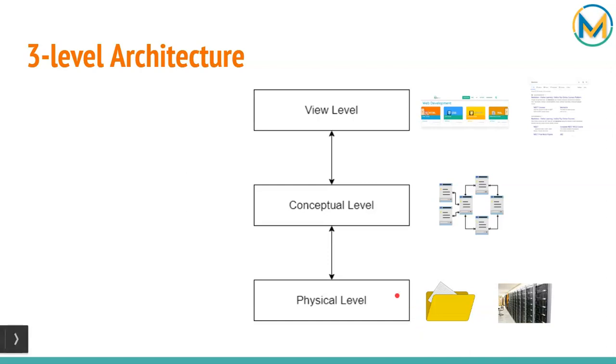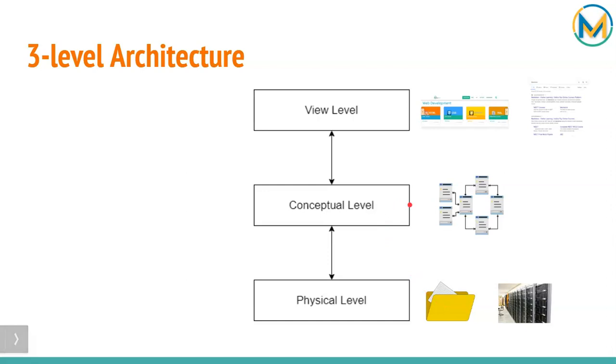You could be working at physical level or conceptual level or view level. At the physical level, you would be worried about how to store data, where to store data, how much disk space is needed to store the data, what will be the file system, whatever. At the physical level, your job is to ensure the physical storage of data.